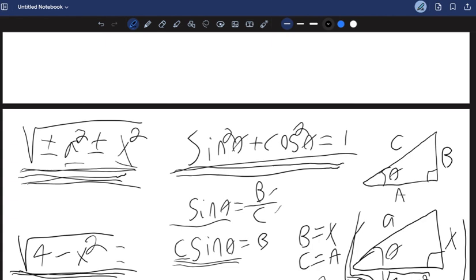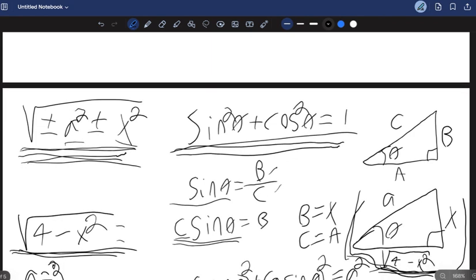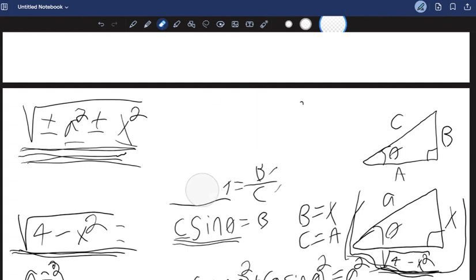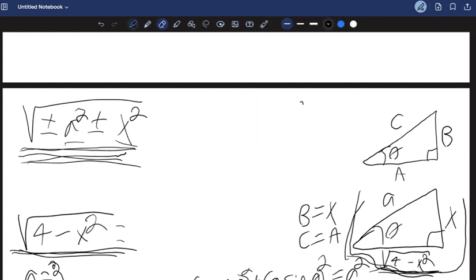Yeah. And really, actually, now that I think about it, you could probably just go right there. Say that a squared plus b squared equals c squared.